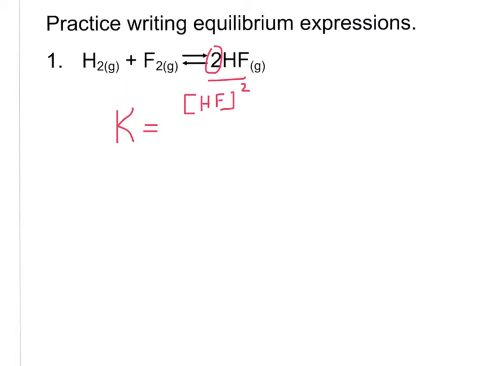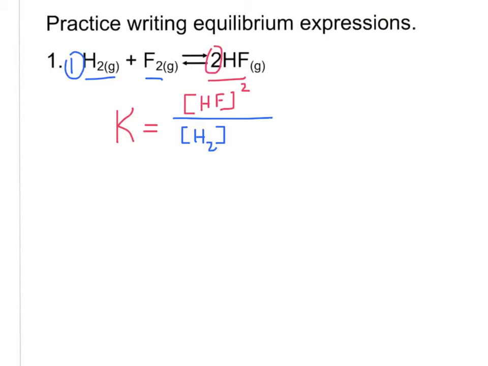And then remember, for the denominator, we're going to put concentrations of the reactants. So here are 2 reactants. We have hydrogen gas right there. The coefficient for that is 1, right? There's just 1. Anything we take to the first power is itself, the identity property in math.